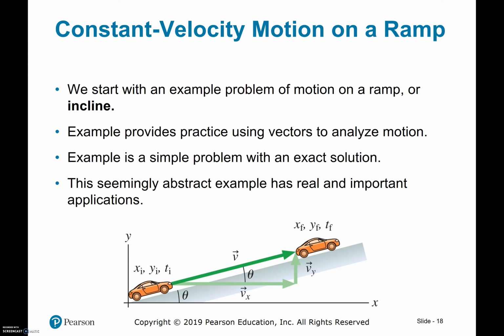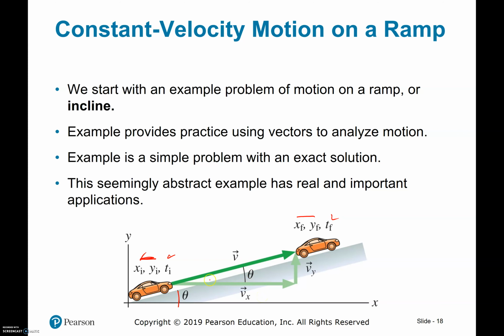So we have an object, a car that is going up a hill here, right? We know this angle here is theta. We have the initial position, x and y. So now we need two coordinates for the initial position, and we have the time, and we have a final position here, and we have the time, and we have the velocity.